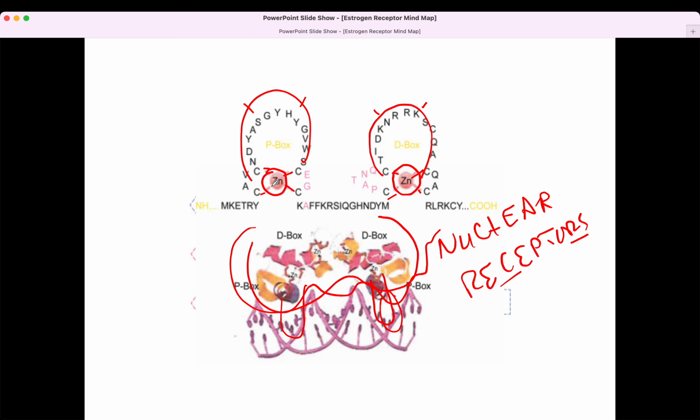You need a little bit of zinc in your diet. It's a mineral that we need in our diet because we need to have these guys held together that way. And this binding domain has distinctive characteristics found in all nuclear receptors, and it's called a zinc finger DNA binding domain.